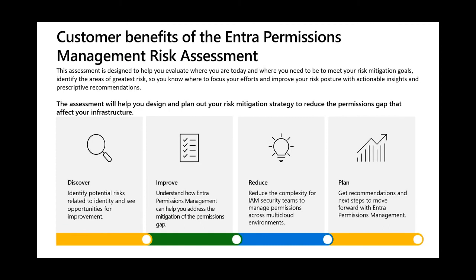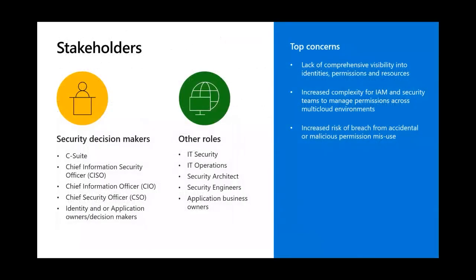We fired up CloudKnox, now Entra, and were able to complete that work in under 2 weeks. Really powerful statement as to how you can reduce that complexity for those security teams, and then plan to move into recommendations. So I hope that's helpful, and that you understand the real value of the risk assessment.